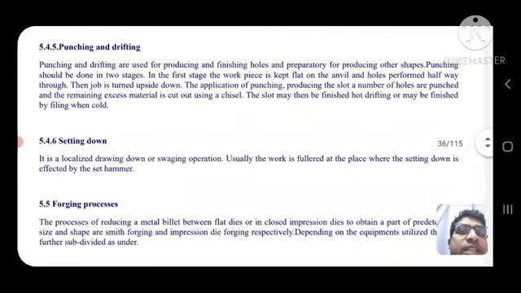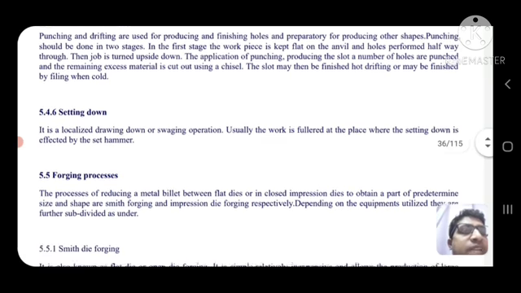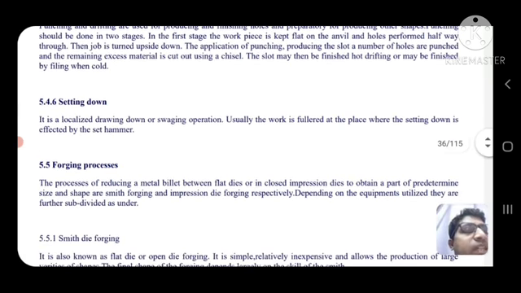Punching and drifting. Punching and drifting are used for producing and finishing holes and as preparatory steps for producing other shapes. Punching should be done in two stages. In the first stage, the workpiece is kept flat on the anvil and the hole is punched halfway through.